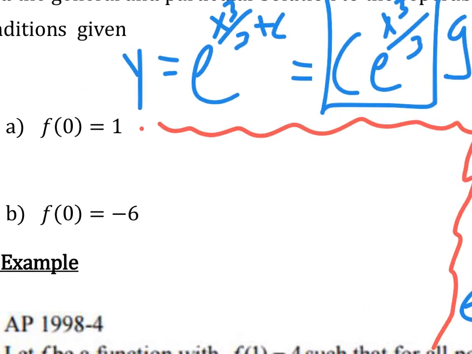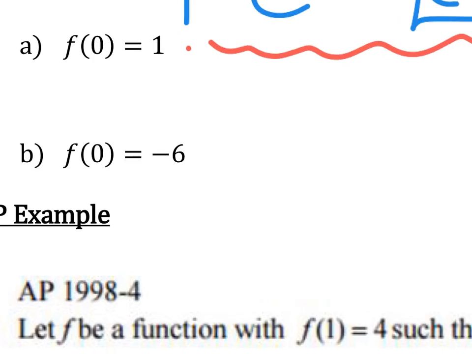Okay, so we have y equals c e to the x cubed over 3. So when x is 0, we get 1 for y. So 1 equals the c that we don't know times e to the 0 cubed over 3, which is obviously just 0. And e to the 0 is 1, so 1 equals c.